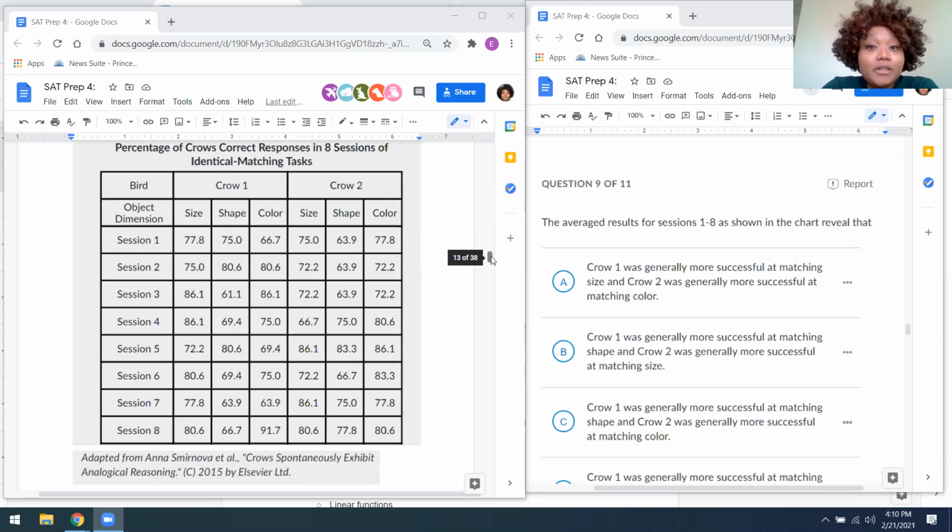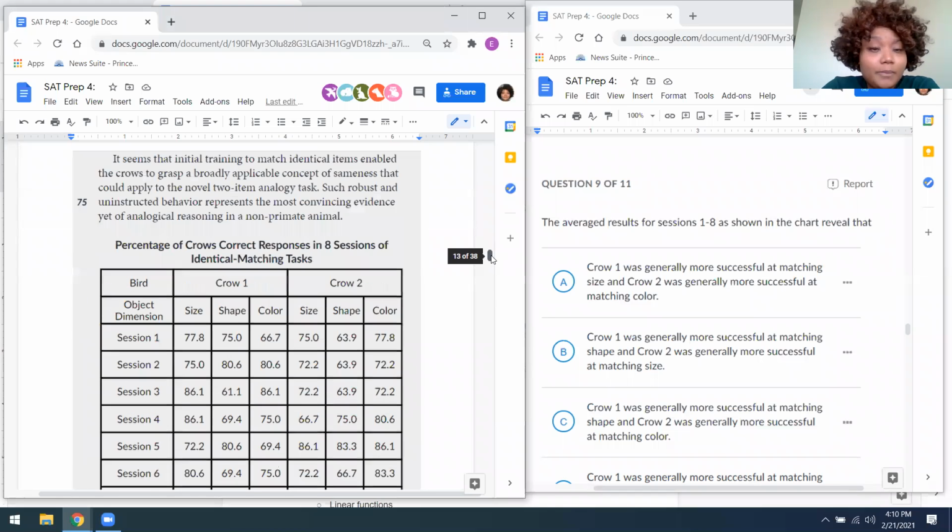So first of all, when you're looking at graphs, always look at the title of the graph because that's going to tell you what it's about. It's going to give you context and orient you on what data the graph is showing. So right here we have percentage of crows' correct responses in 8 sessions of identical matching tasks. Okay, cool.